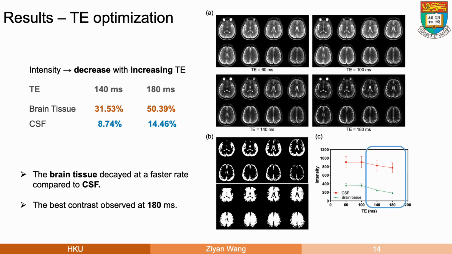At 180 milliseconds, brain tissue intensity drops by 50.39% and CSF intensity by 14.46%. Hence, a TE of 180 milliseconds was chosen for the formal MISL acquisition as it offers the best contrast between CSF and tissue.